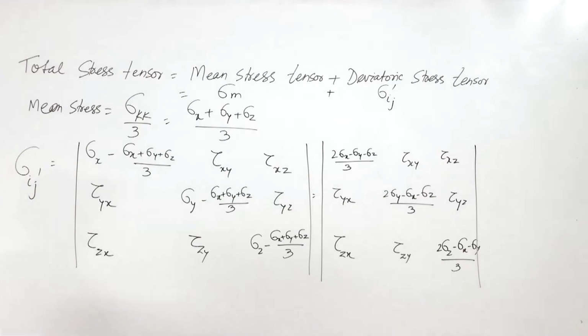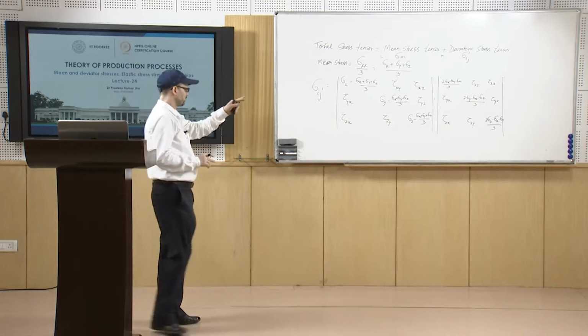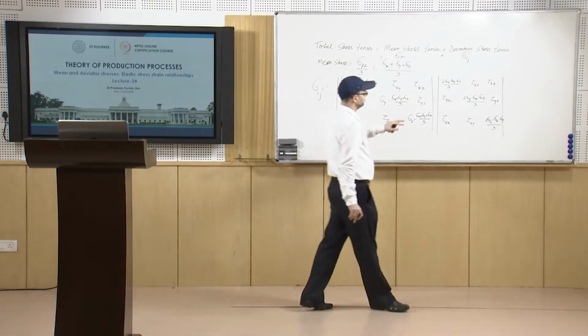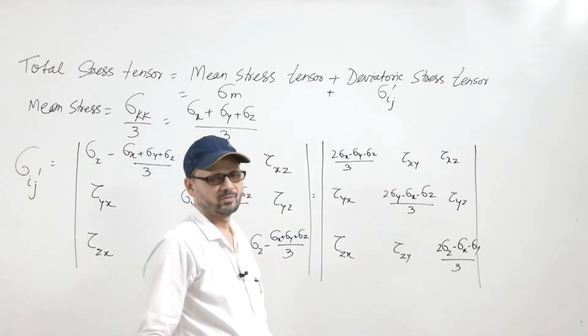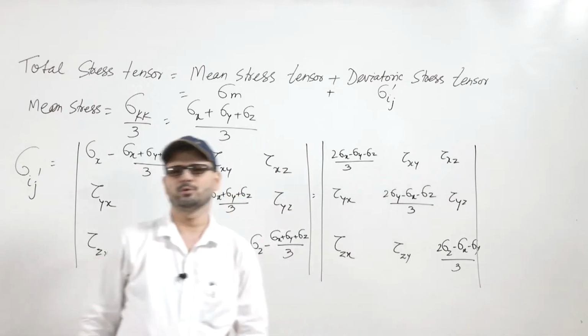This is what it looks like. Now, if you look at this table, this matrix, you can see that easily, these are the shear components.